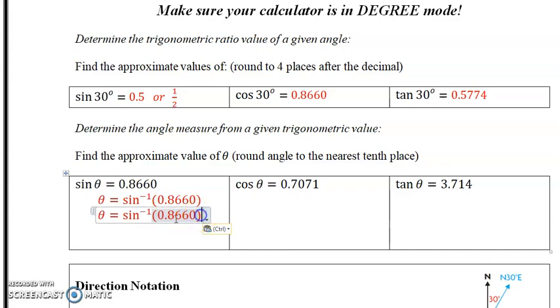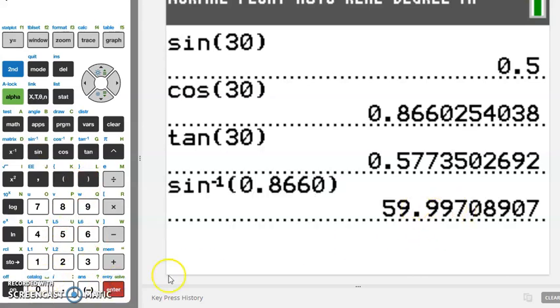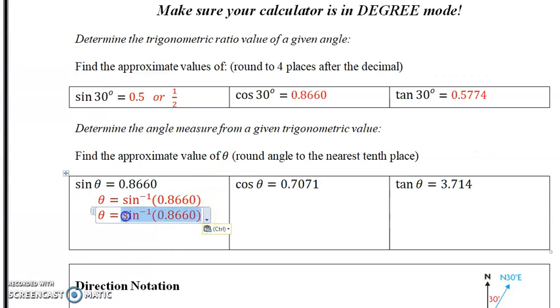So now we take the value of that and put that on a calculator. So we go second function sine, which is the inverse sine. That allows us to find the angle. 0.8660, close my bracket, and I get 59.999, right? So 59.999, or 997, sorry. And we're going to round to the nearest 10th place, so 1 place after the decimal.